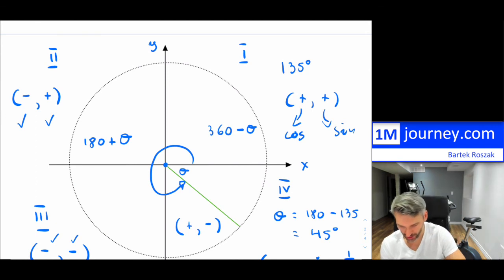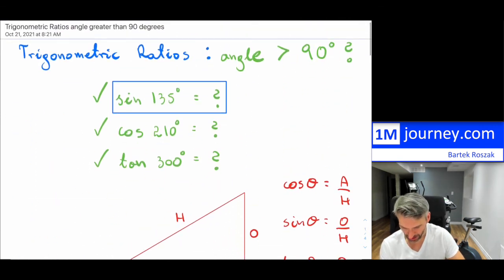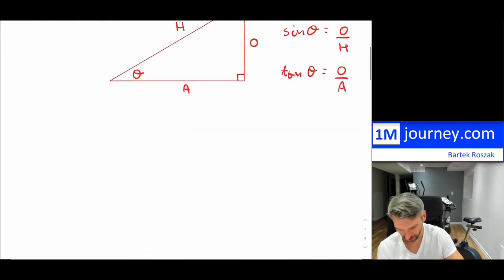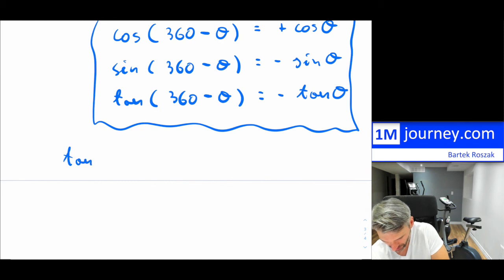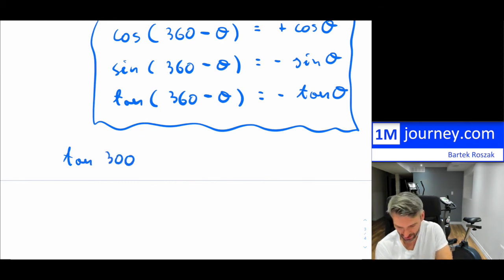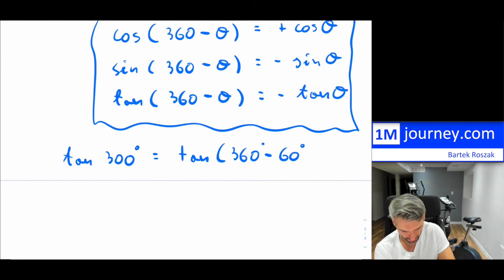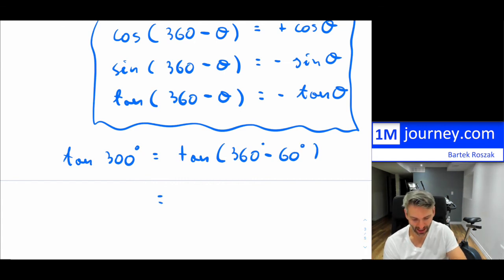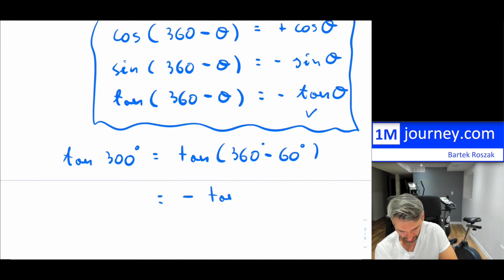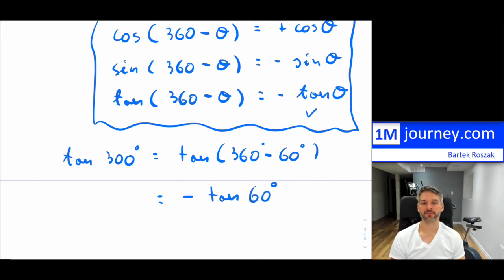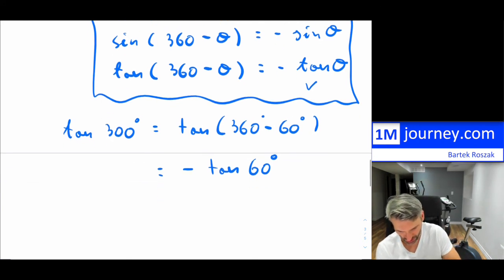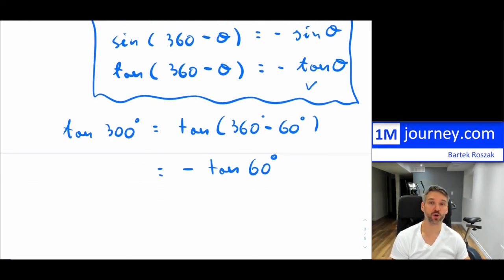All right, so for this last example, tangent of 300, so what is tangent of 300? So if someone asked you, well, tangent of 300, I know that that is in the fourth quadrant. So I'm going to write it out. This is 360 minus 60 degrees. So in this case, notice it's going to be negative of tan of whatever 60 is, right? And now tan of 60 is really just sine over cos.